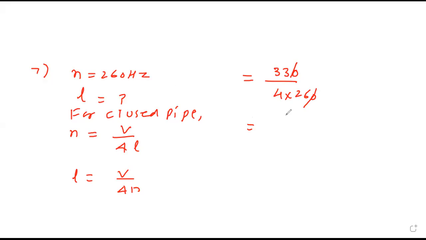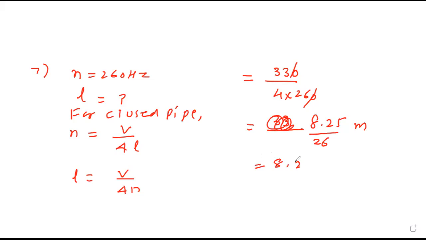Any possibility of cancellation? 33 upon 26 by 2, if I cancel by 4, 4 eights are 32, 8.25 upon 26. This is in meter.